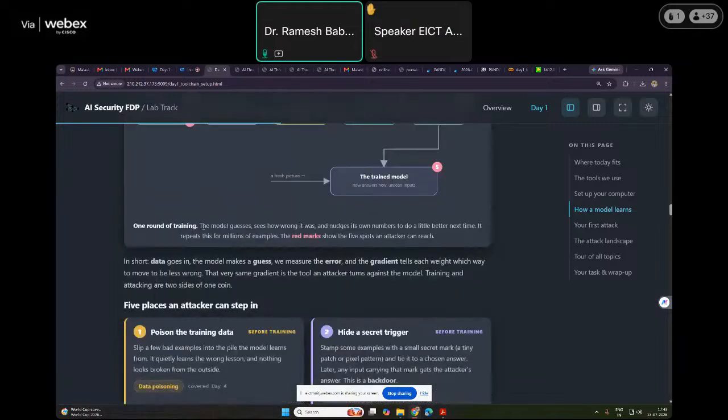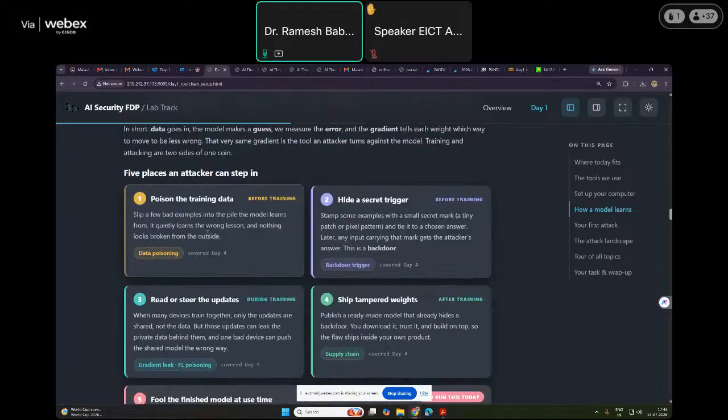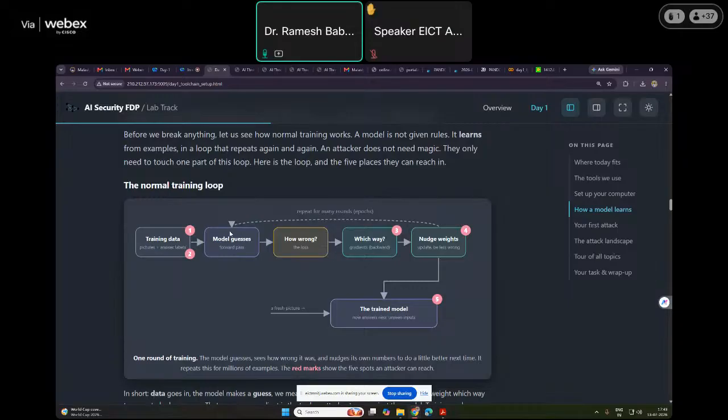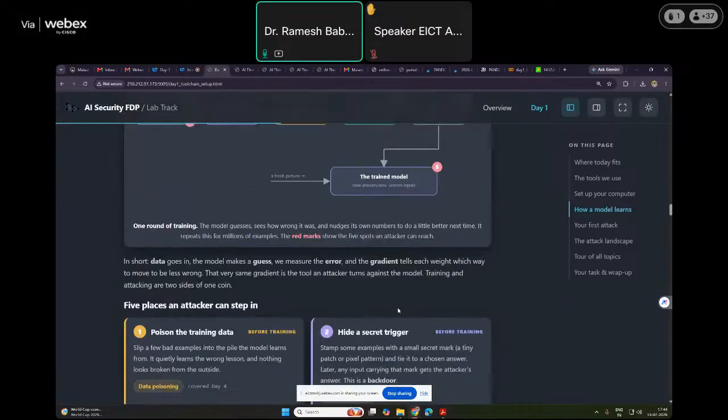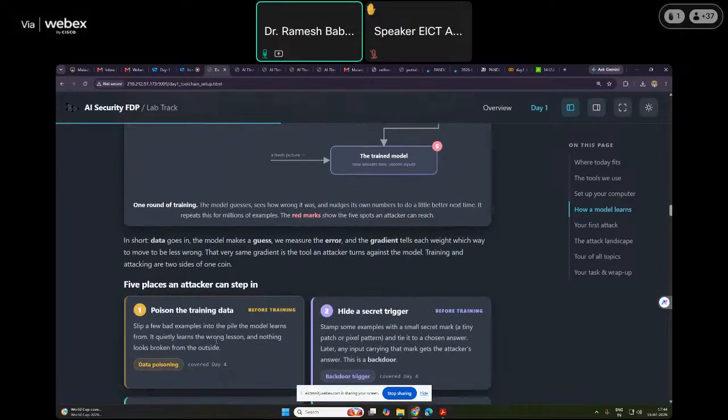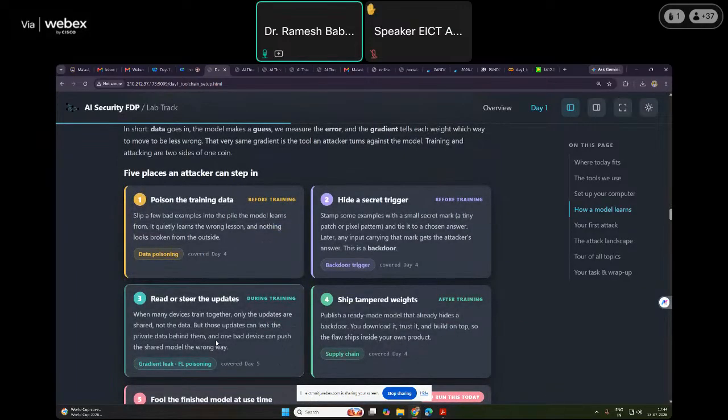So next is the description of this entire thing, 1, 2, 3, 4, and 5. If we talk about the technical terminologies of all these components where we are going to inject attacks, they are mentioned here. The first, when we introduce a trigger into the input data, is called poisoning the training data, basically poisoning the model.